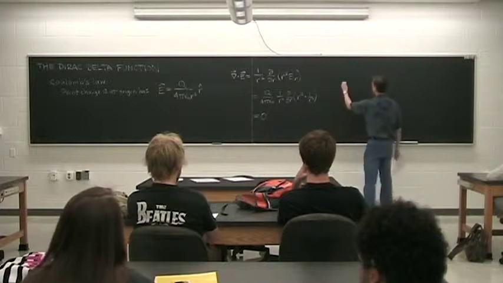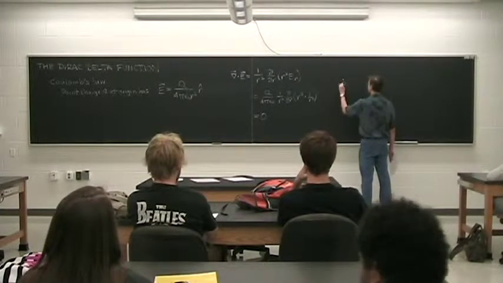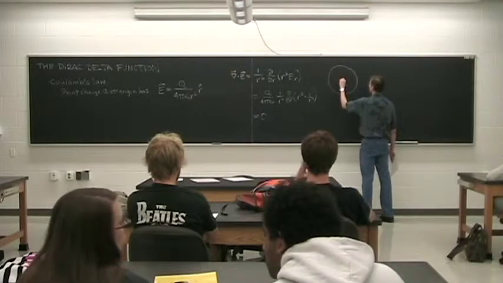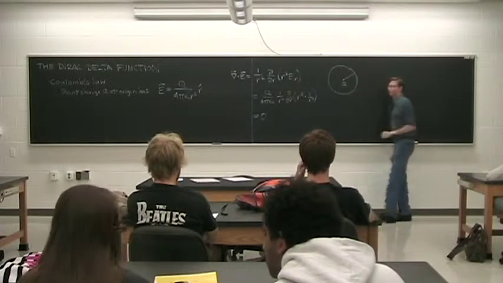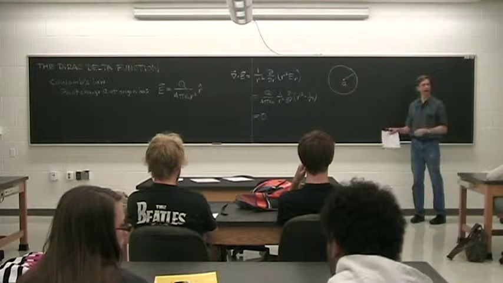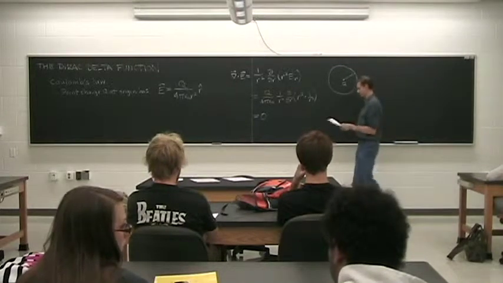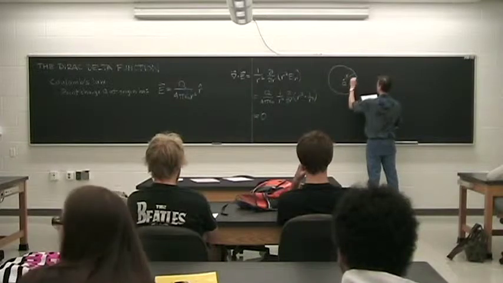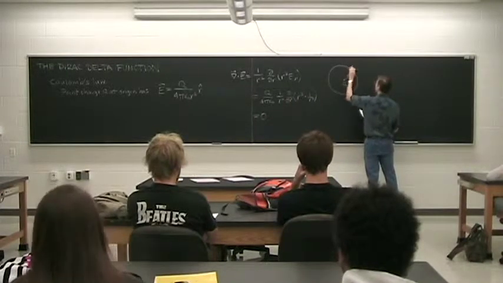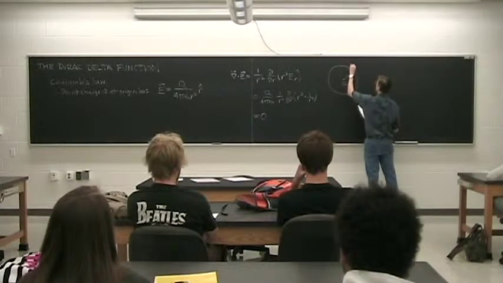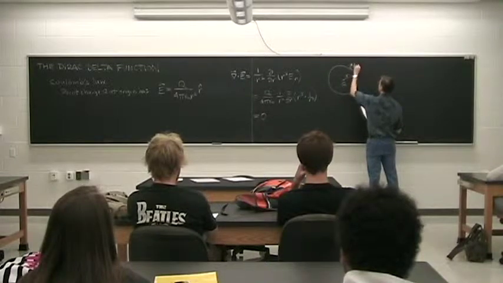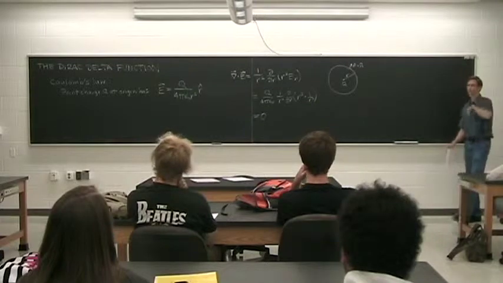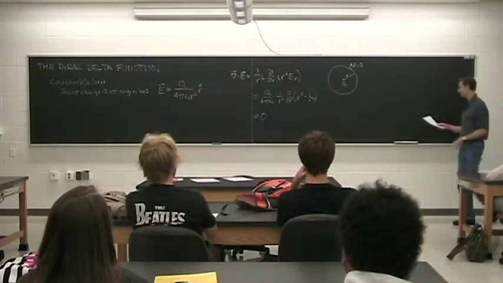Clearly, if there is a charge sitting at the origin and I draw a sphere around that charge, then the electric field is everywhere outwards on the surface of that sphere. If this is radius r, then at this location right here, here's r hat, which is equal to n hat, the outwards normal. Everywhere on the surface of the sphere, r hat is equal to n hat.